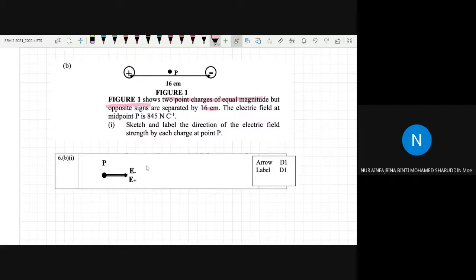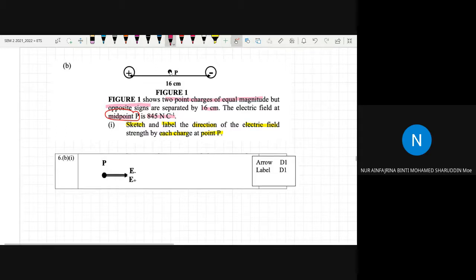So the electric field at the midpoint, okay, this one is very important, midpoint P is 845 Newton per Coulomb. Okay, so the first question, dia minta apa tahu? Dia minta awak sketch dan label direction of the electric field strength by each charge at point P.